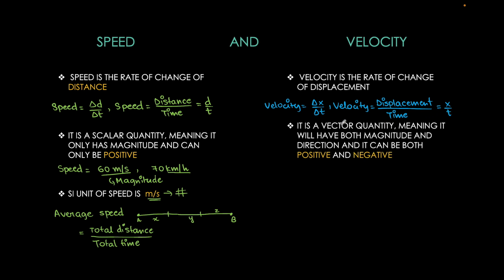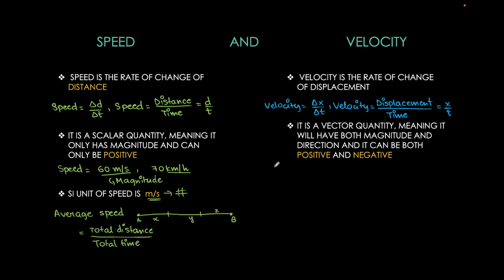So velocity is basically a vector quantity, meaning it will have both magnitude and direction, and it can be both positive and negative. So just like displacement, velocity is also a vector quantity, and it will have both direction and magnitude, and for the direction, it can be both positive and negative.